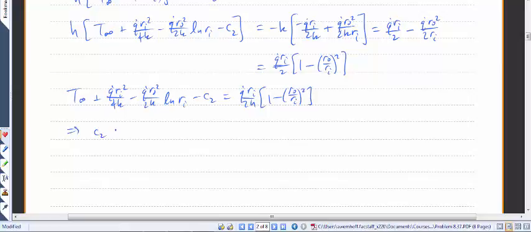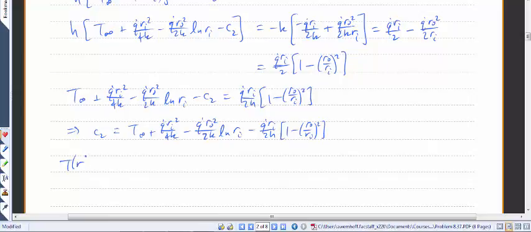Therefore, we can solve for C2. It's going to equal T infinity plus q dot Ri squared over 4k minus q dot Ro squared over 2k natural log Ri minus q dot Ri over 2h times 1 minus Ro over Ri quantity squared.